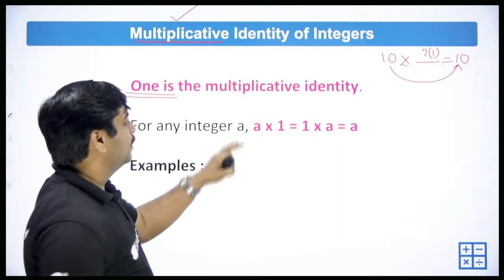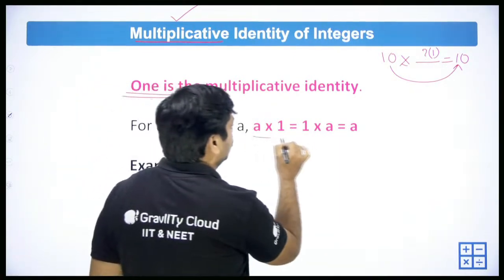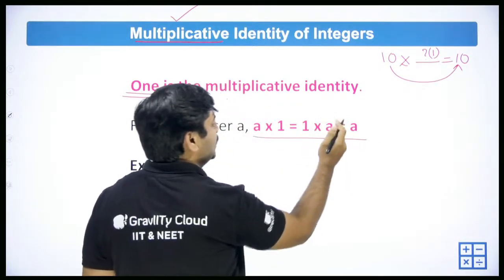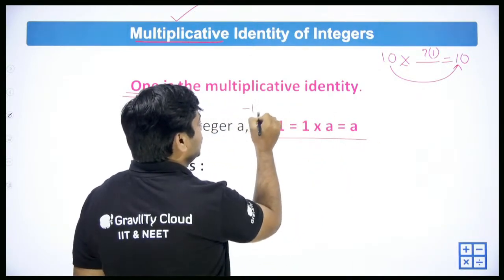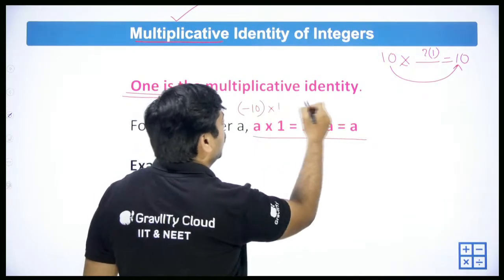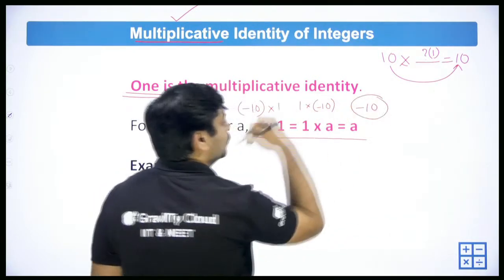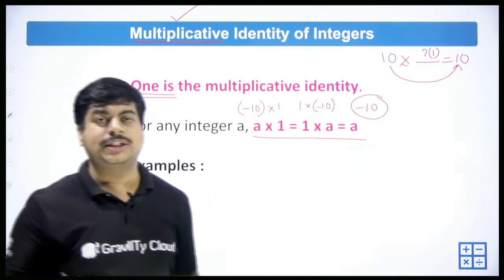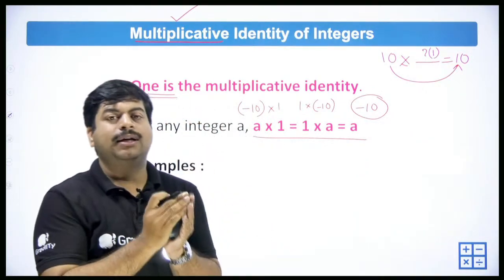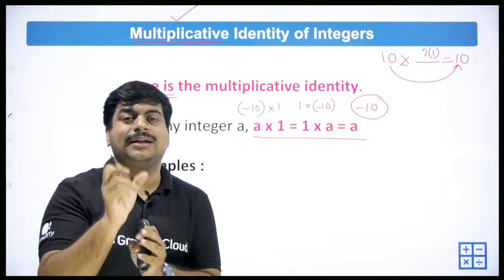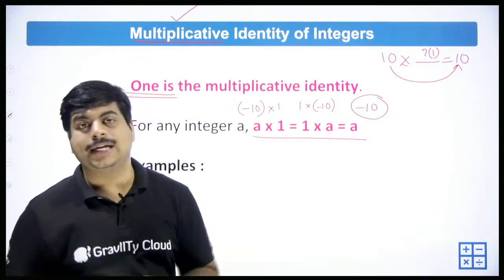For any integer A, A into 1 and 1 into A will give you the same number A. Minus 10 into 1 or 1 into minus 10 will give you the same number, minus 10. Your answer will not change. Your sign will not change. The same number coming again is called identity. Here we are multiplying, so we say multiplicative identity.